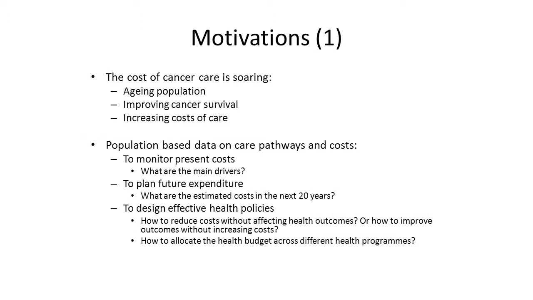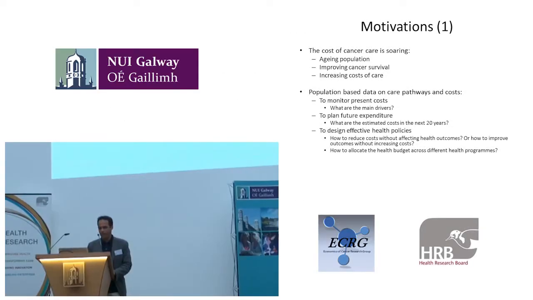Okay. So some of the motivation for this type of work. Of course, the cost of cancer is soaring because of different drivers like an aging population, improving cancer survival, and increasing cost of care. Under this context, having population-based data on the care pathways is very important to allow for monitoring the present costs, so what are the main drivers of the actual costs, to plan future expenditures, and also to design effective health policies.